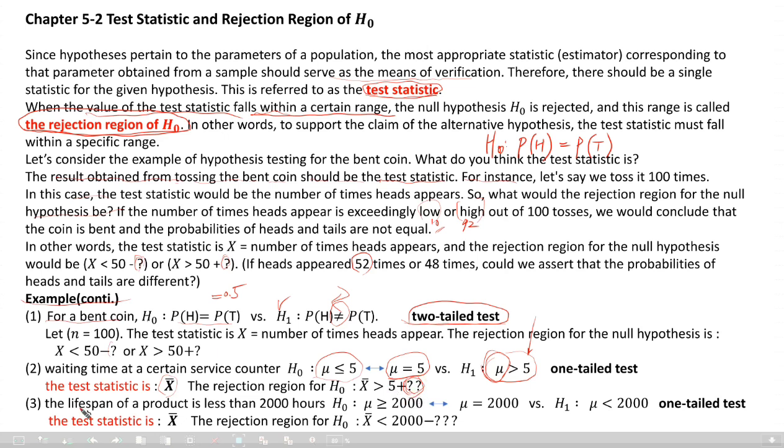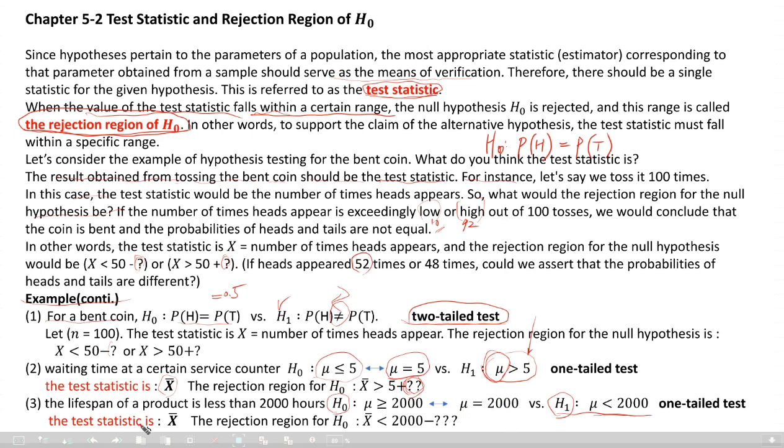Okay, and the lifespan of a product is less than 2,000 hours. Then H1 is mu less than 2,000. It is the subject of interest. And mu greater than or equal to 2,000 is the content of H0, but you may just say mu equal to 2,000.